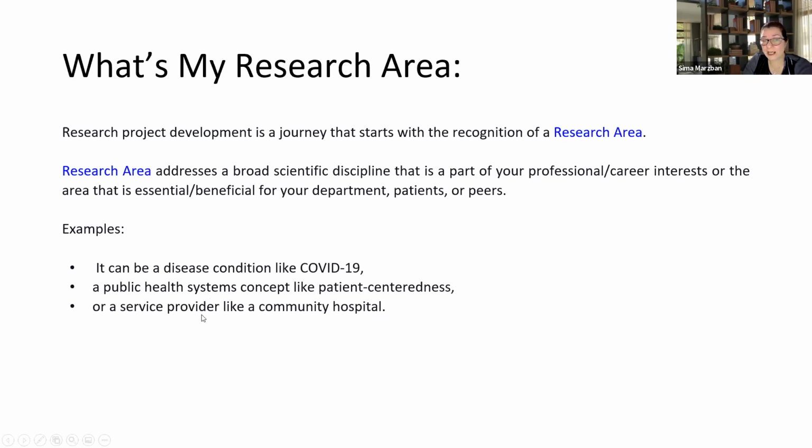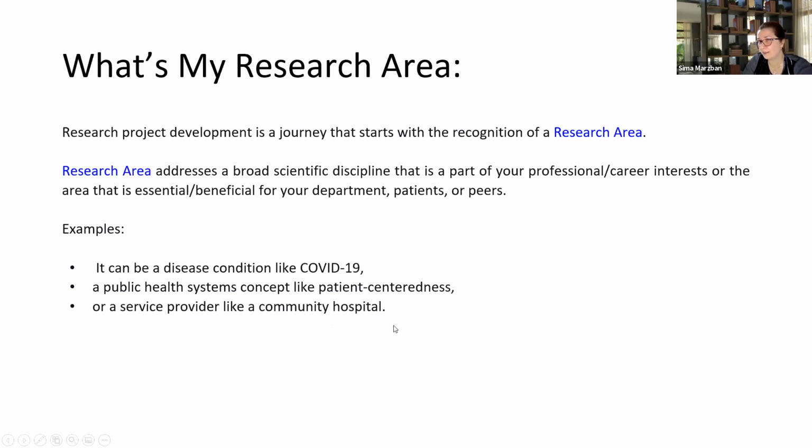Maybe the research area is an organization or a community hospital, a location of work, a department. Clinical research, for example, clinical research organization.